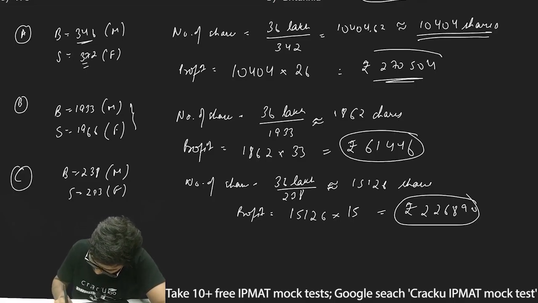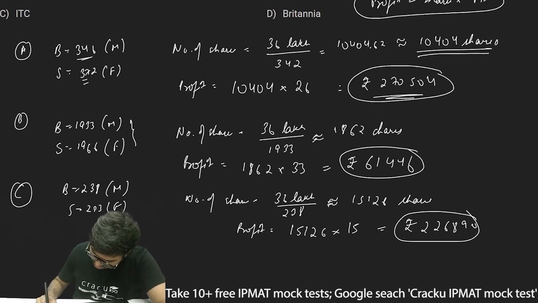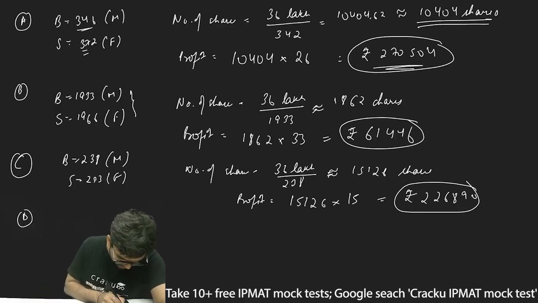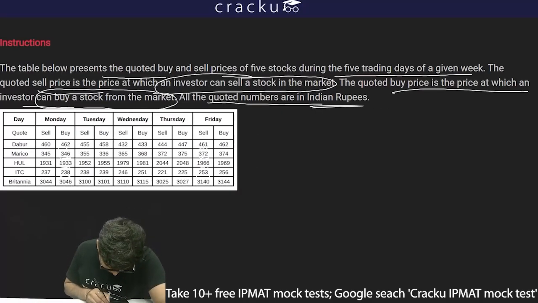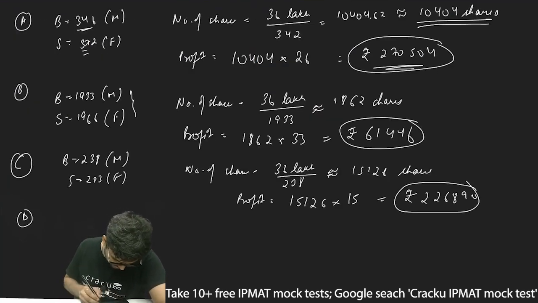Now let's look at the fourth one, which is Britannia. So D is Britannia. For Britannia, the buying price is 3046 on Monday and the selling price is 3140 on Friday.